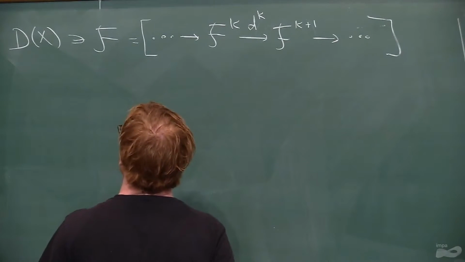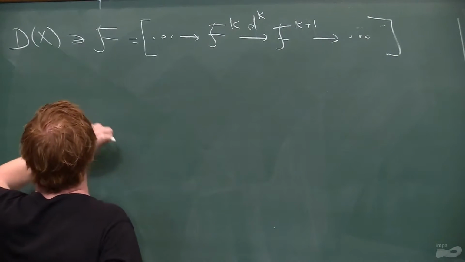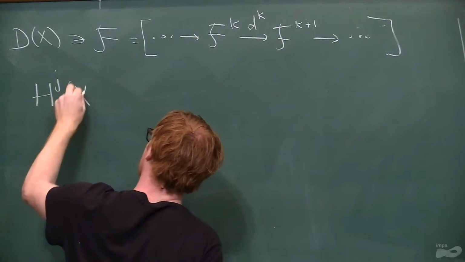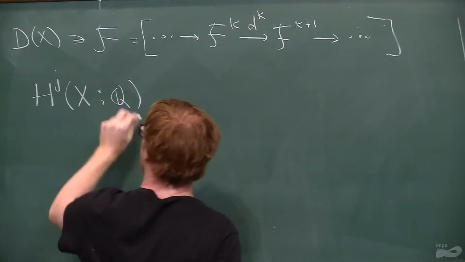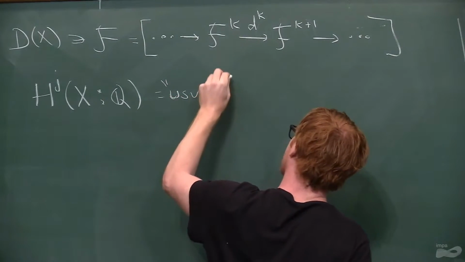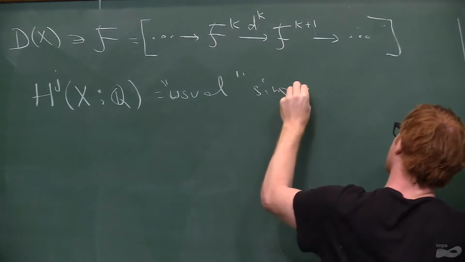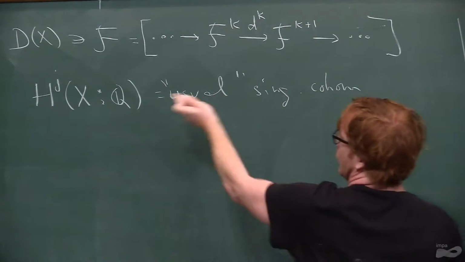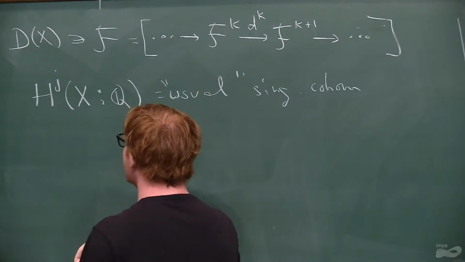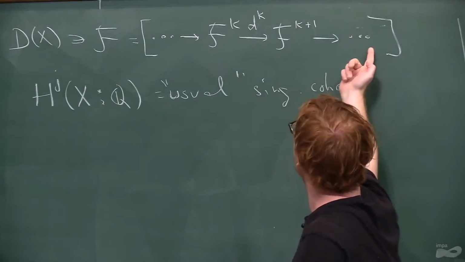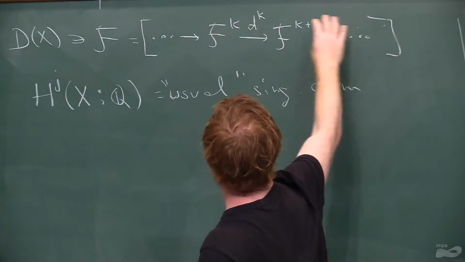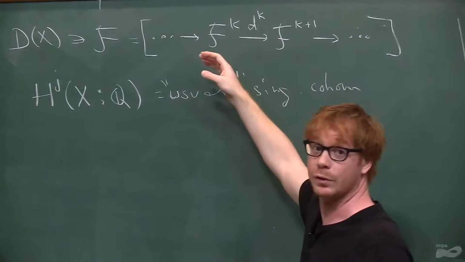Okay, and now I'm going to introduce the notations of cohomology that I use. Whenever I write this, we were happy with this before. This means usual singular cohomology with Q coefficients. Then whenever you have one of these, you can take a point, go to that point, produce the stalk, you will have a complex of modules, and you can compute the cohomology.